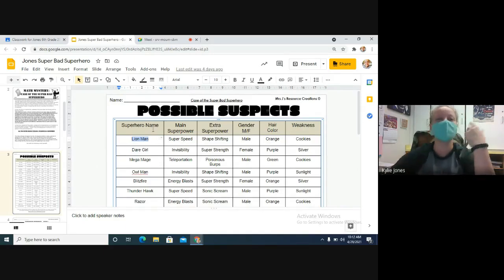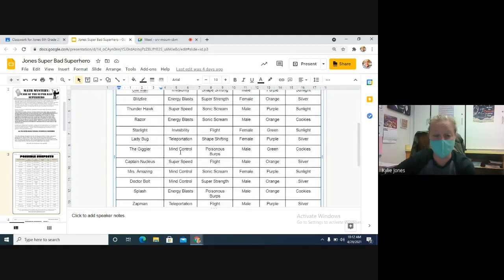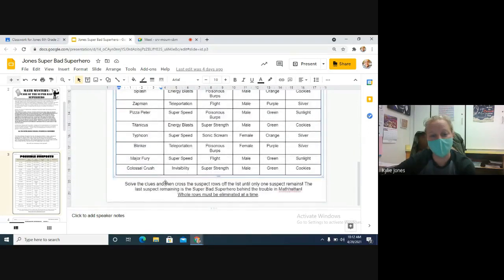So just change the highlight color behind it, so that it's like crossing it off, right? Because we can't really print this out. That's for you guys. So just use your own system to cross off which ones are not the right answers. As you figure out who it's not, cross them off. And the last person remaining will be the superbad superhero.